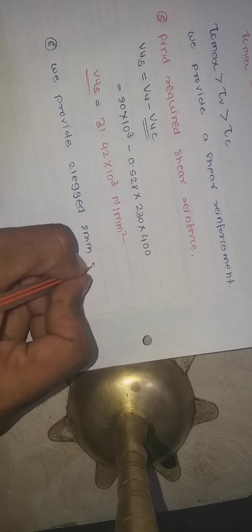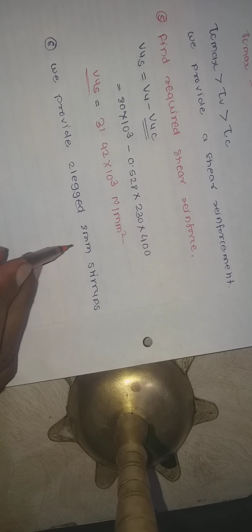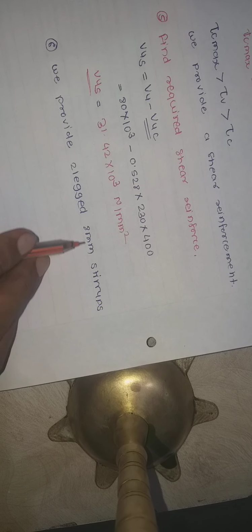So our sixth step is we provide two-legged 8 mm stirrups. If you provide a greater size of stirrups, then we can't bend it. So 8 mm is basically the standard we can provide.